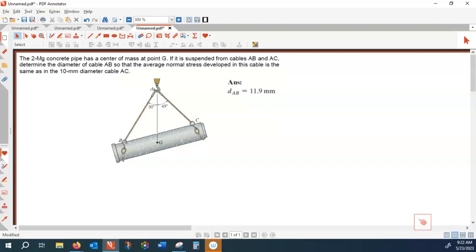All right, in this case, as long as both cables are under the same stress, that is enough. What that equal stress is is another question, but here you want to optimize, you want to make sure both cables are under the same risk. So how do we do that?